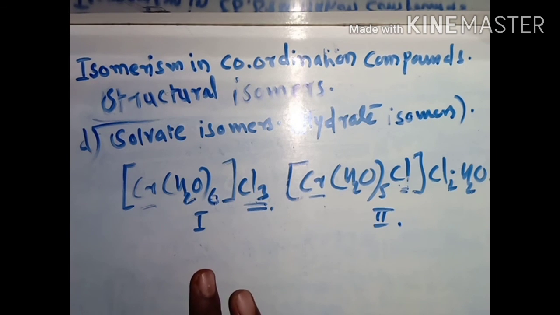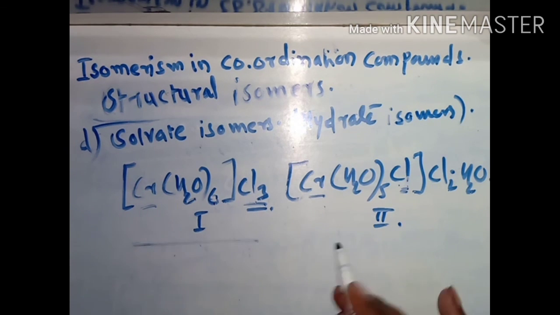So these are the various examples we can take. In compound 1 the solvent water is directly bonded to chromium. In compound 2 H2O appears as the free solvent molecule. So in this way we can take the example of H2O.